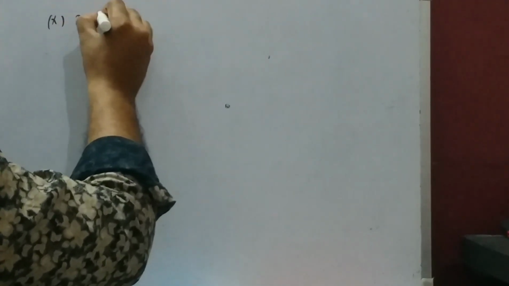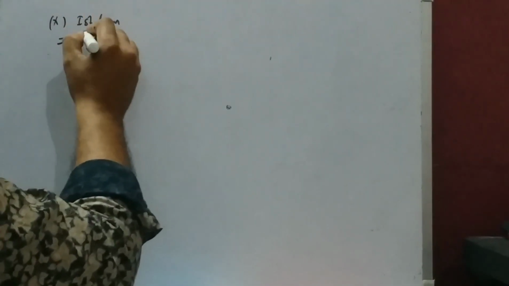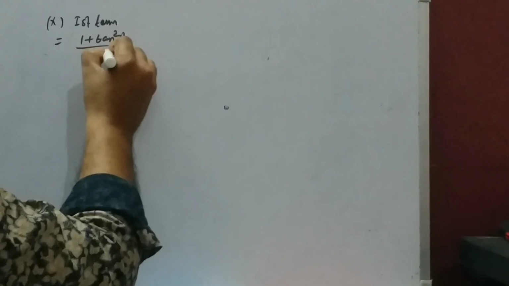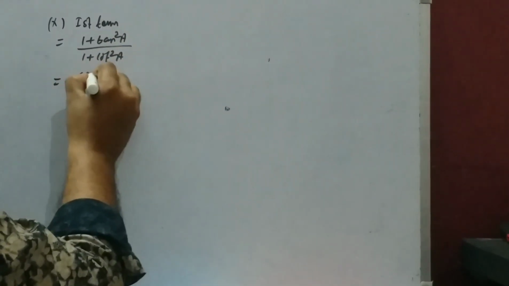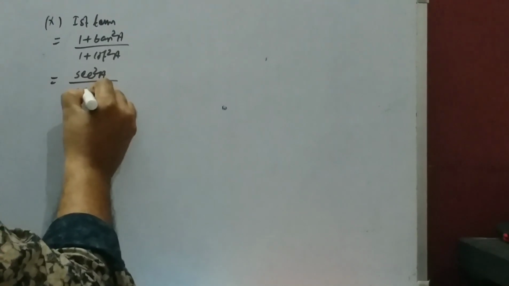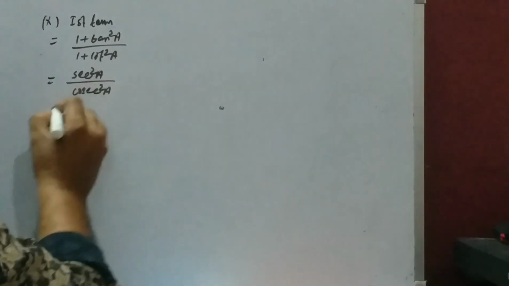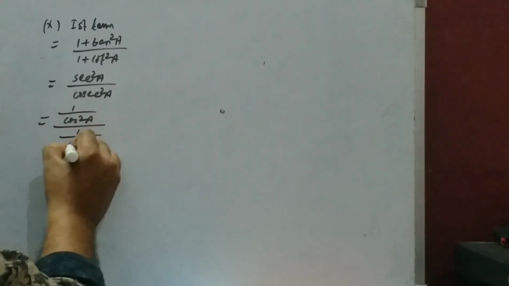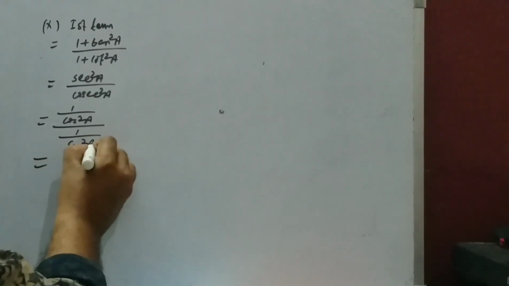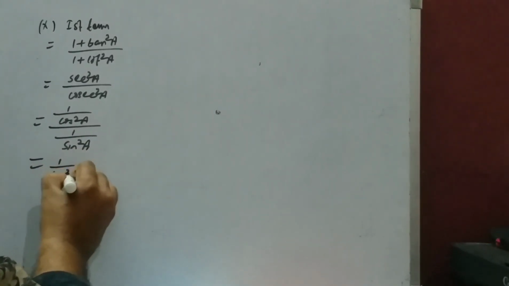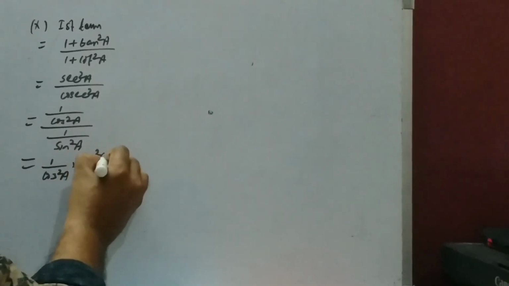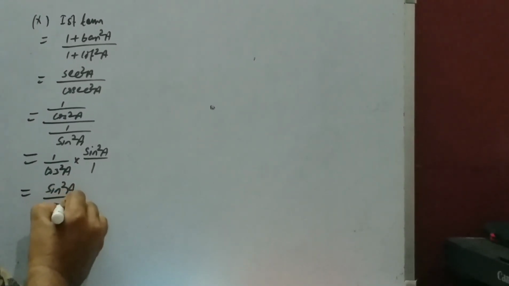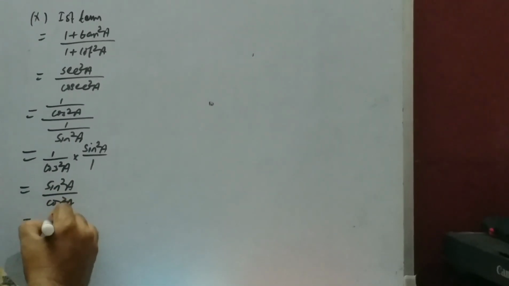First term is equal to (1 plus tan square A)(1 plus cot square A), and this is sec square A, and this is cosec square A. This implies 1 by cos square A, 1 by sin square A, and this is 1 by cos square A into sin square A, and finally sin square A by cos square A, and this is tan square A.